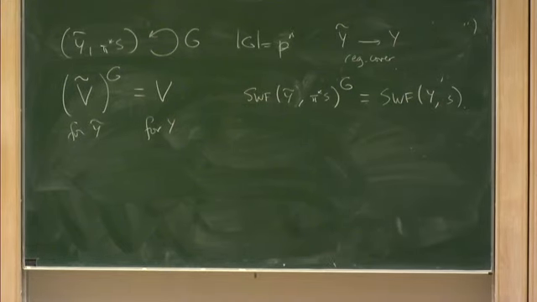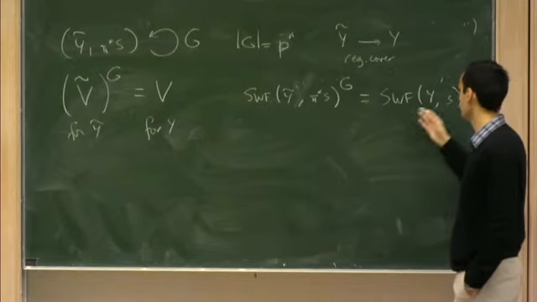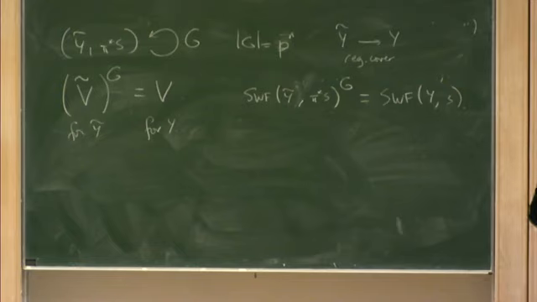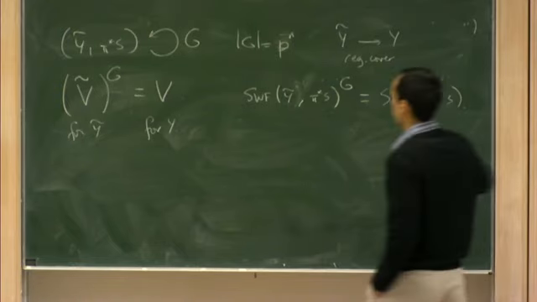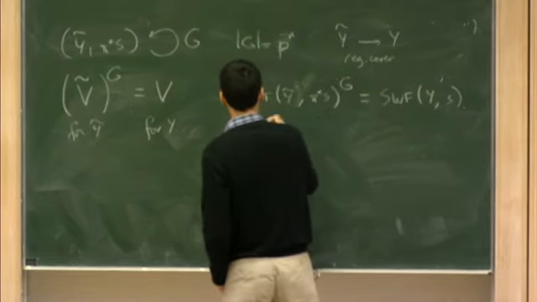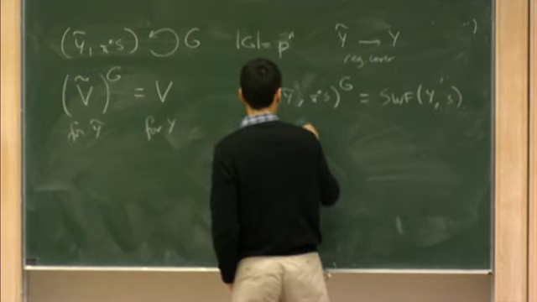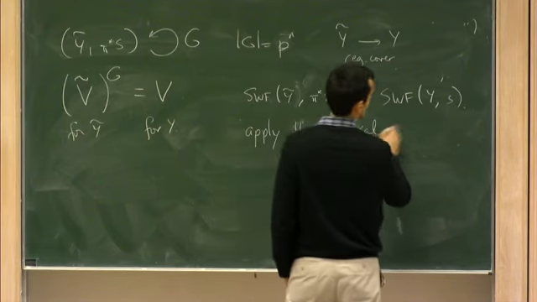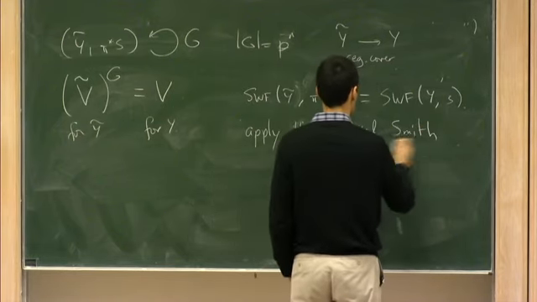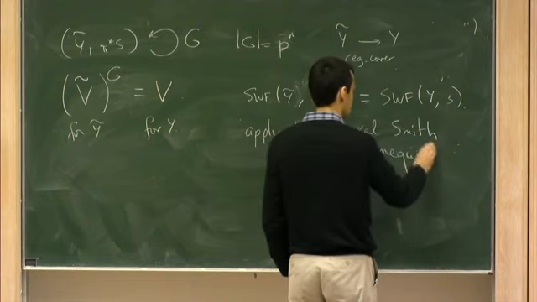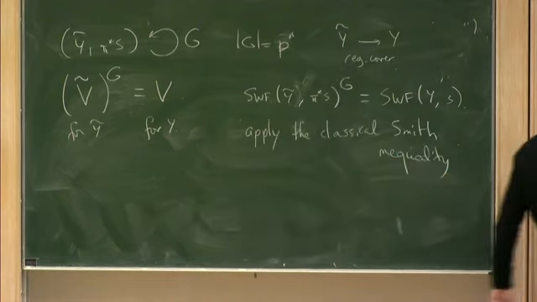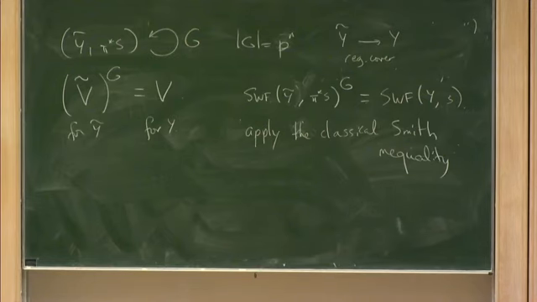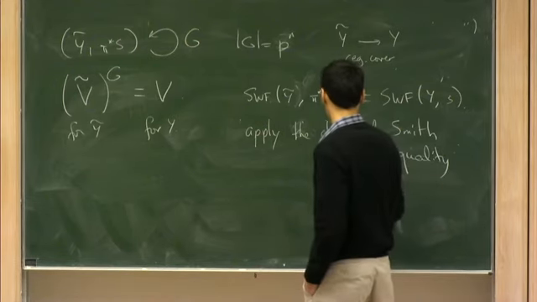So the fixed point set of the space associated to the cover is the space associated to the base. Then you can just apply the classical Smith inequality, namely this one over here. You apply it to the Seiberg-Witten Floer spaces, and you get theorem 1.